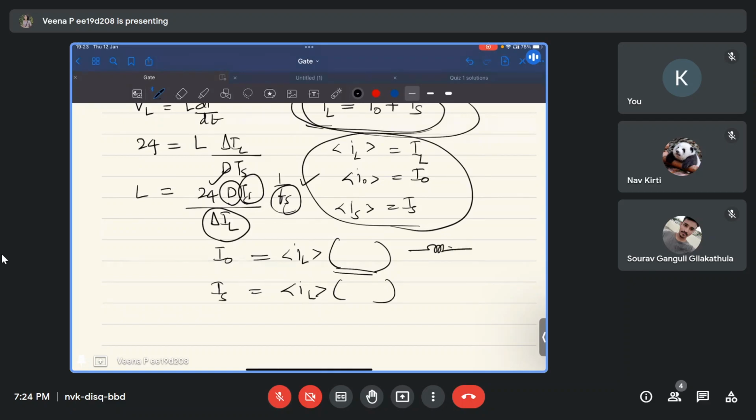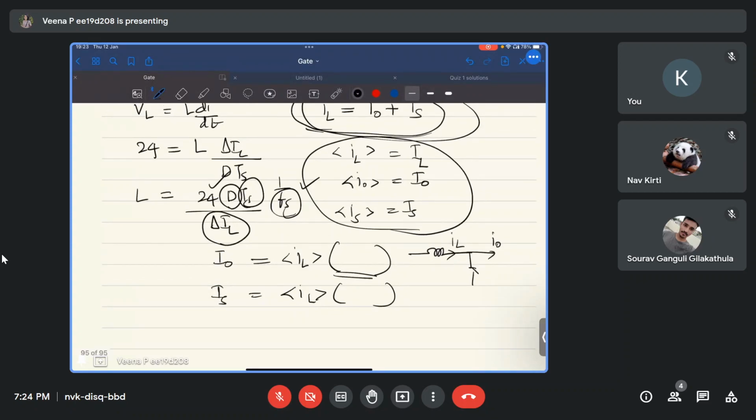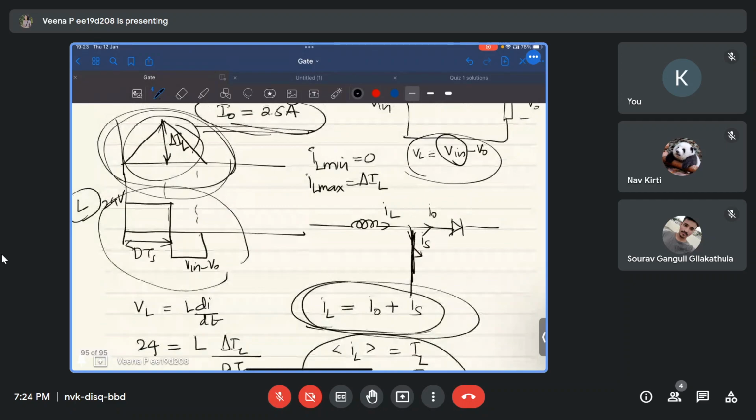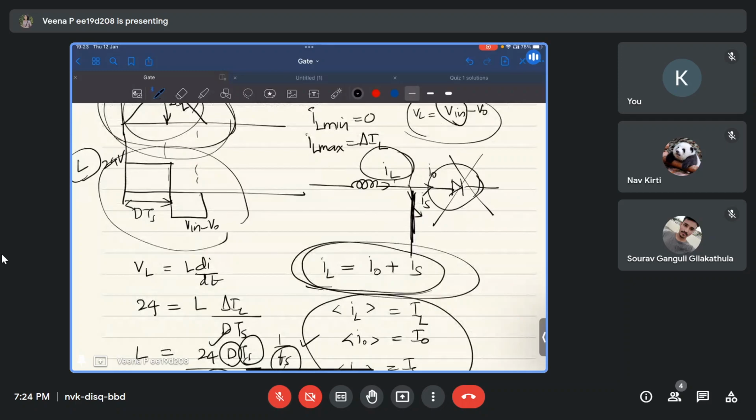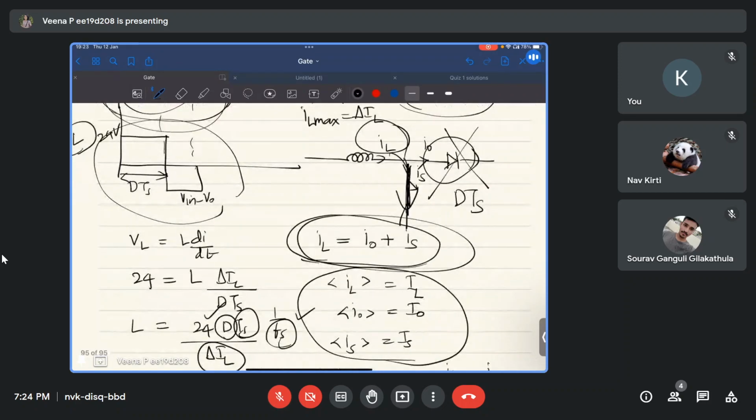In a boost converter, when the switch is closed, the diode will stop conducting, so all the inductor current will flow through the switch for a time period of DTs. But when the switch is off, the diode will start conducting, so for 1 minus D times Ts duration, all the inductor current will flow through the output. Is this clear?